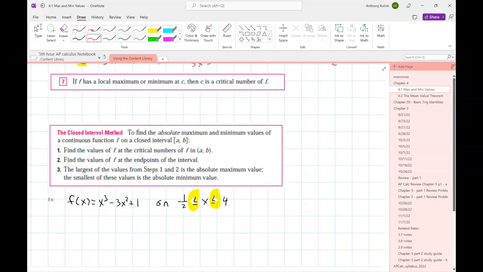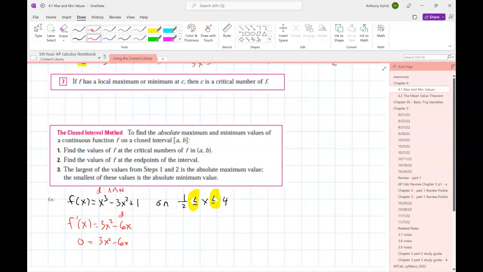All right. So it starts wanting me to find the critical numbers. So to do that, I'm going to find the derivative, and then I'm going to set that derivative equal to 0. While I'm doing this, I'm going to observe that the domain for this is all real numbers because it's a polynomial.